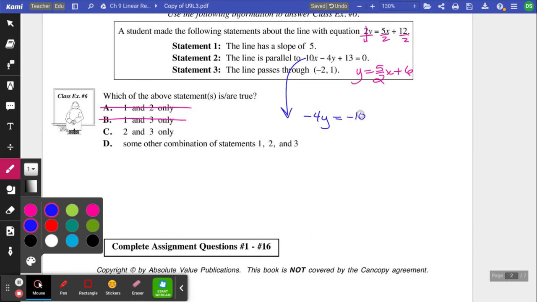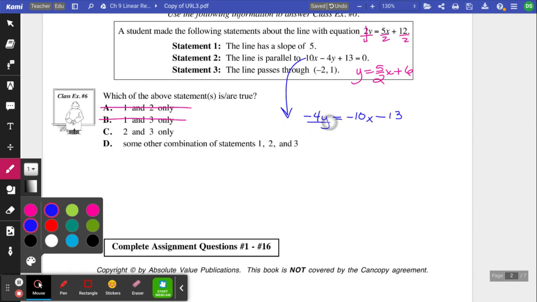Negative 10x minus 13. The quick way, guys, if you're moving it across the equal sign, change the sign. If you want to go through all the steps of subtracting the 10x from both sides, that's great. Or just move it over, change the sign.